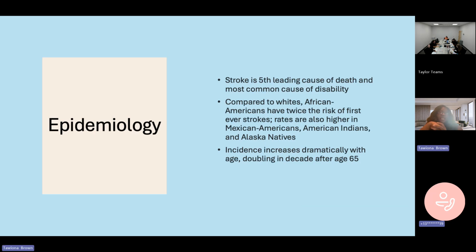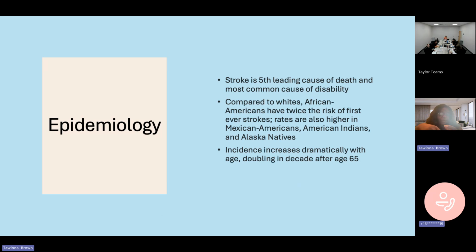As far as the epidemiology, in previous years, stroke has had a higher numerical ranking. A couple years ago, it was fourth. However, due to COVID, stroke is now the fifth leading cause of death and the most common cause of disability.